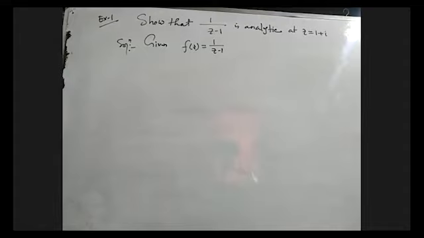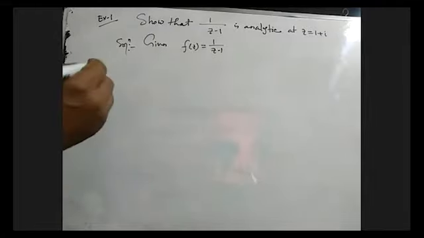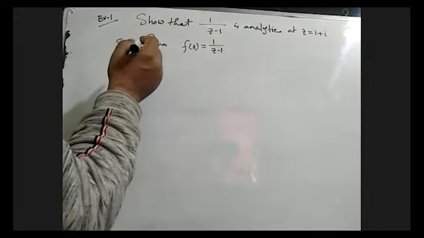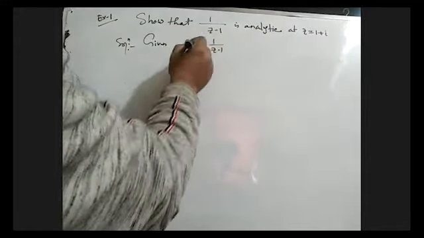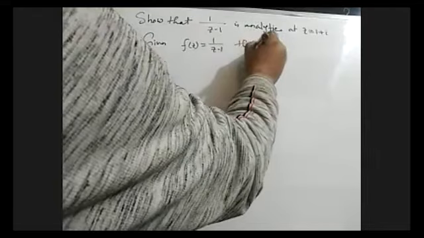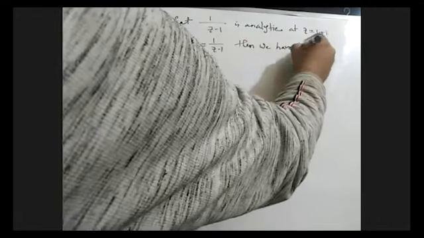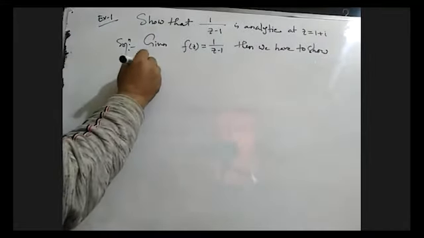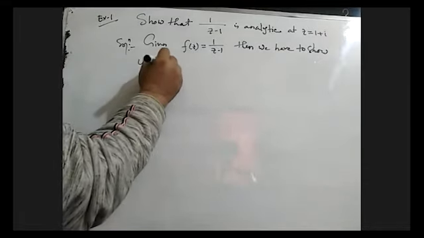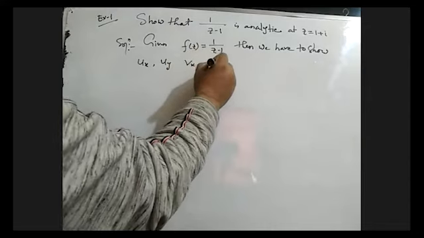Now if this function is analytic, then we have to show that ux, that means the partial derivative of u with respect to x, uy, vx and vy are continuous in some neighborhood of z equals 1 plus i.